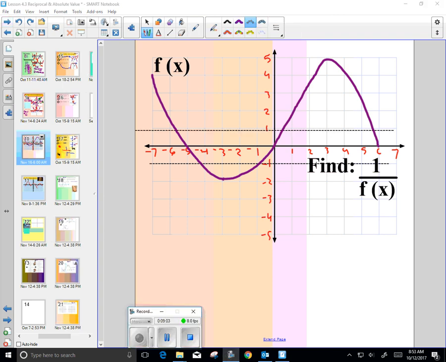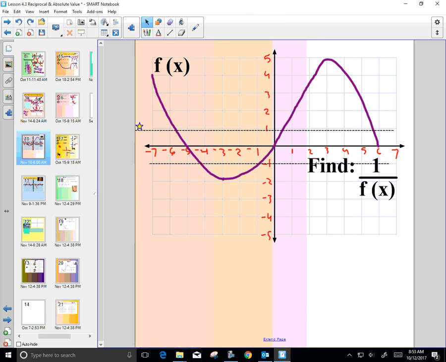So I draw my y equal to 1 line, and then I put wherever it hits the y equal to 1 or y equal to negative 1, like that.